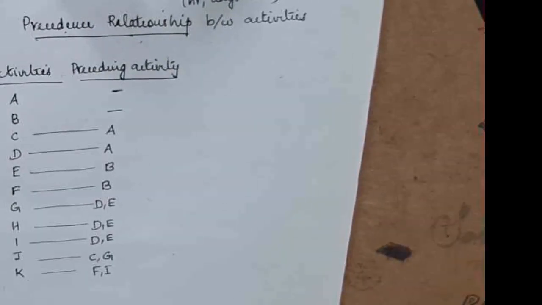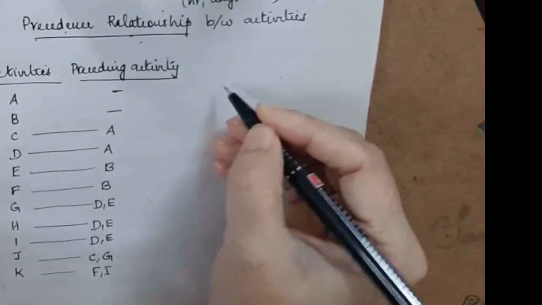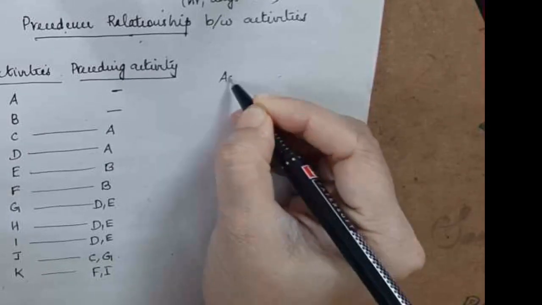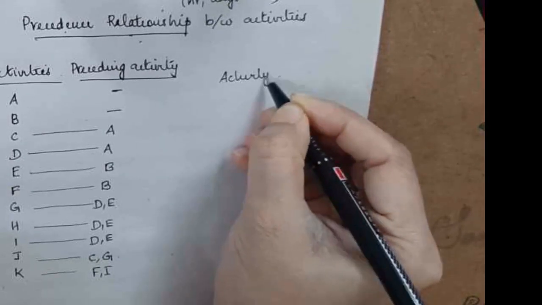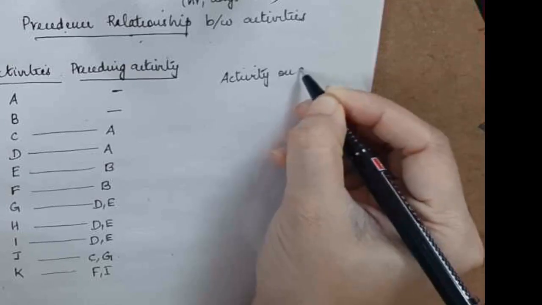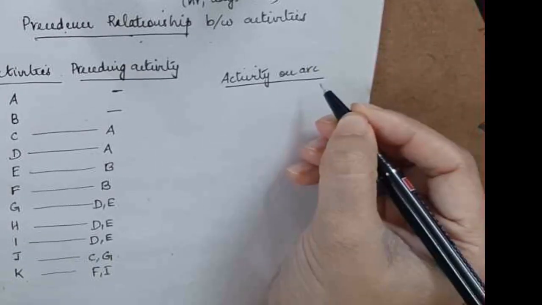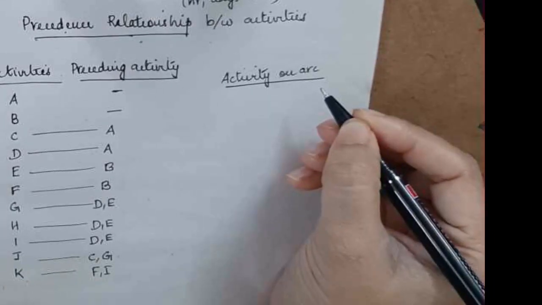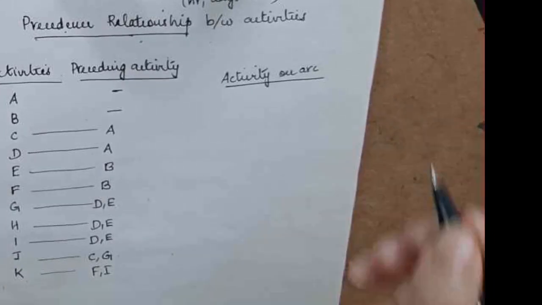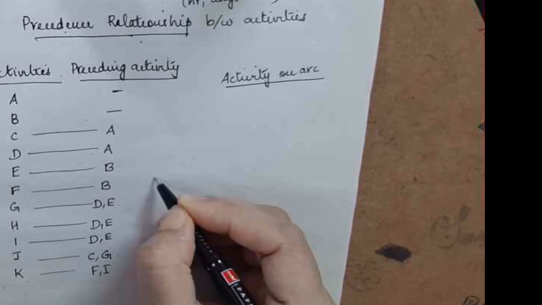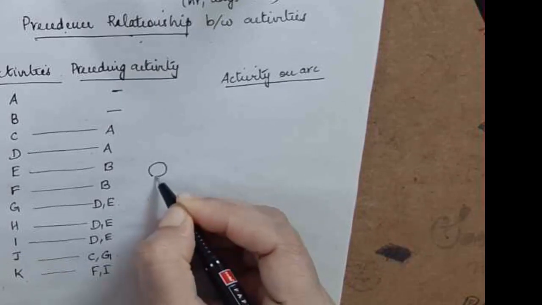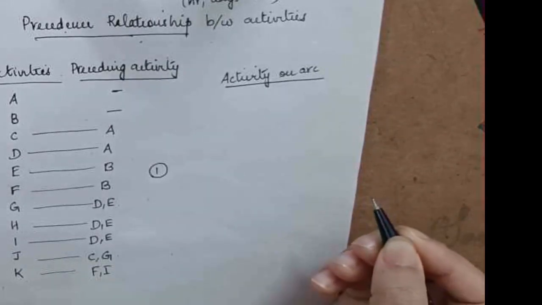Now to represent this in the form of a network, we are using the form called the activity on arc method. You place the activity on the arc. There will be nodes and arcs that connect the nodes. Let us start with the first one. You number it sequentially, so this is number 1.